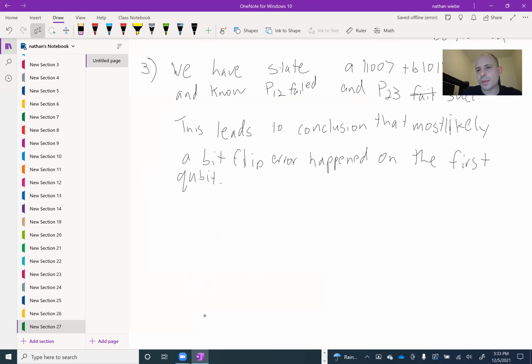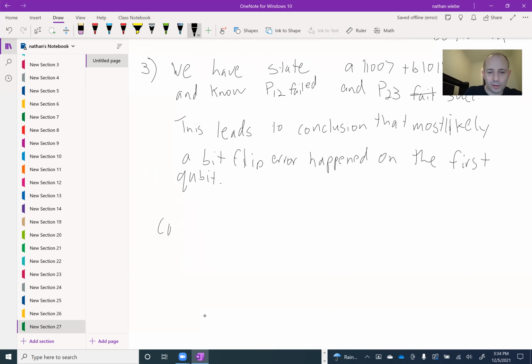Okay, and so then our decoding correctly maps, or sorry, after determining this, we then actually need to correct the error.